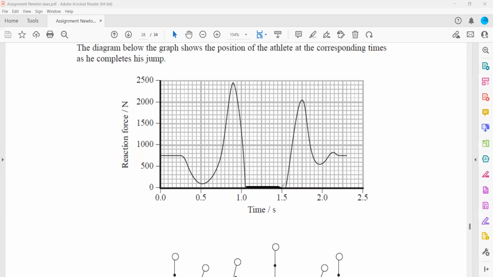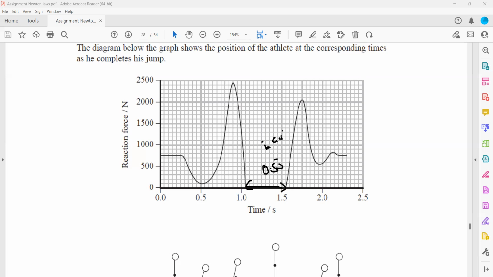This duration, which is 0.5 second, he was in the air. So we can use the equations of motion to work out the maximum height.